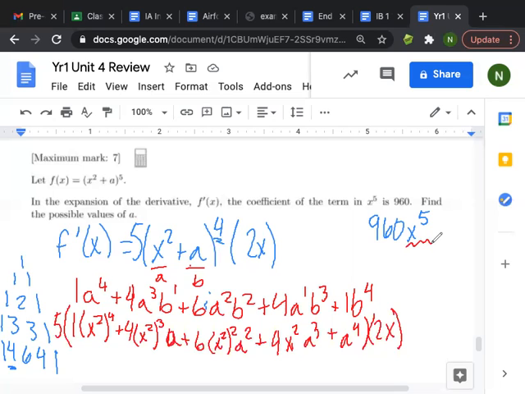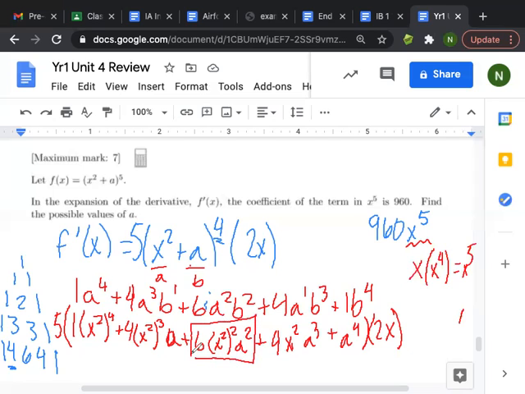If I have x times something equals x to the 5th, what's this something? X to the 4th. So I'm looking for which one of these things has x to the 4th, which is this one, because x squared squared is x to the fourth. So that's the only one I care about.